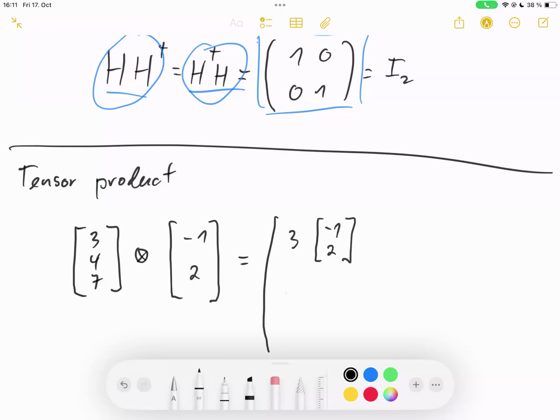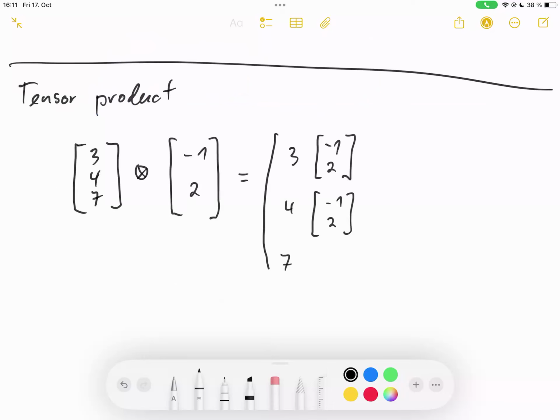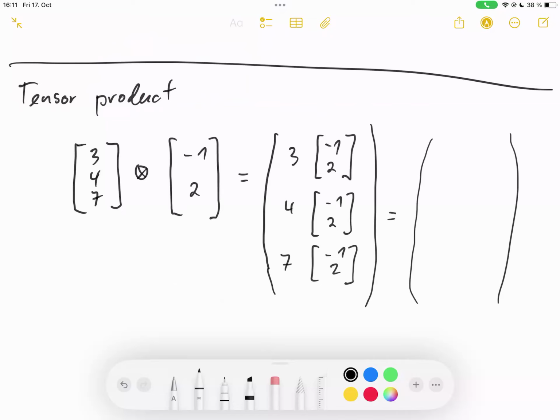So we have the 3 here, then 4 here, and the 7. So this was the first step.